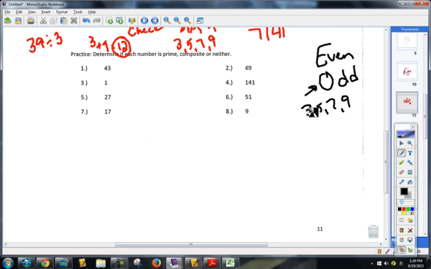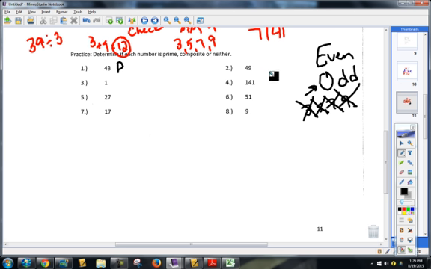Does 7 have a factor of 3? No, it does not. Does it end in 5 or 0? It does not. Really, no rule for 7, so you just got to be able to do in your head, does 43 have a factor of 7? No, it does not. Remember, the rule for 9 is the same as 3. 4 plus 3 is 7. Does 7 have a factor of 9? No, it doesn't. Therefore, this is absolutely a prime number.